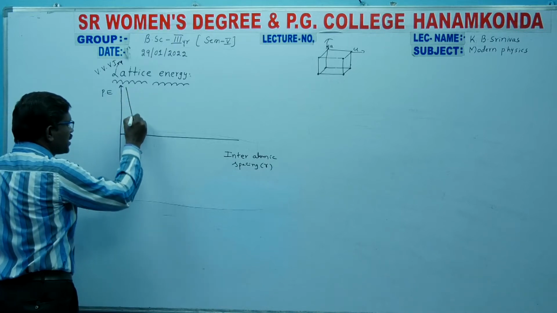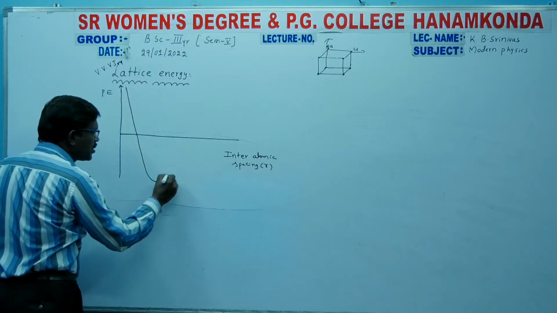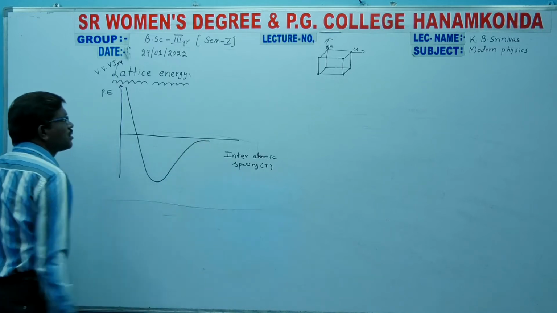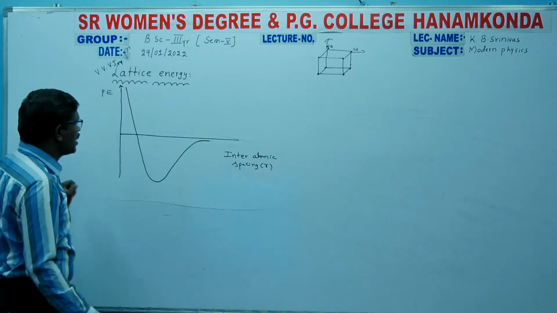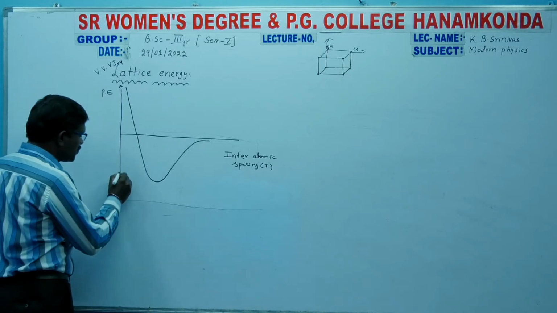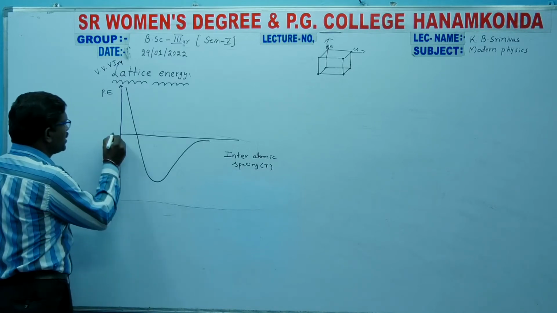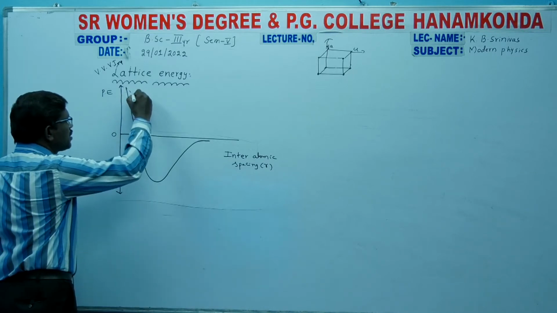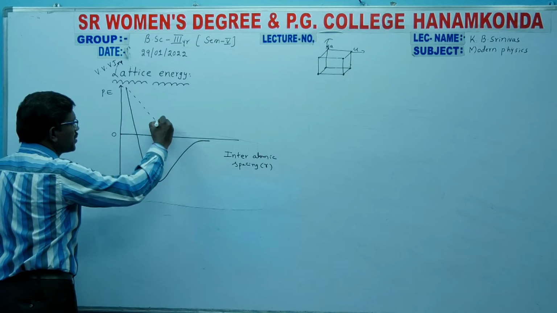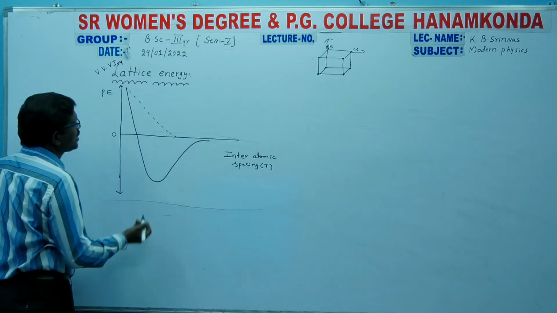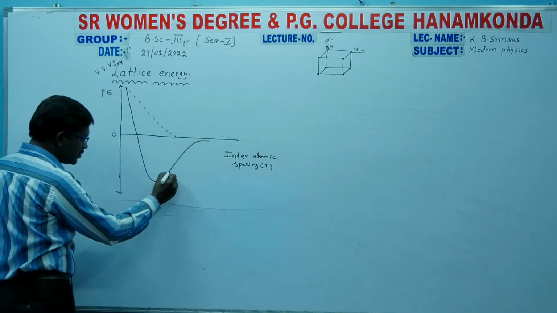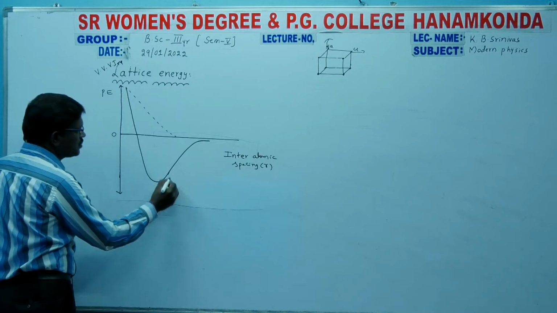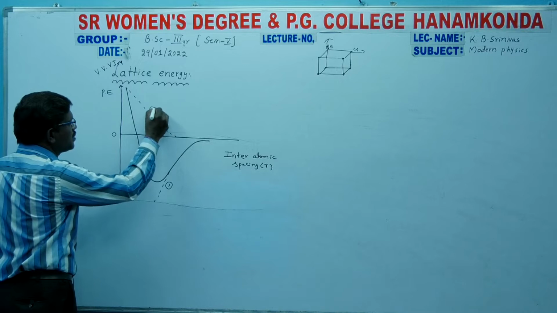You have to practice and draw this diagram. Without this diagram we cannot derive this expression. Clear? This graph consists of two important curves. Those two curves I am representing by dotted lines. This is the first curve, this is the second curve.